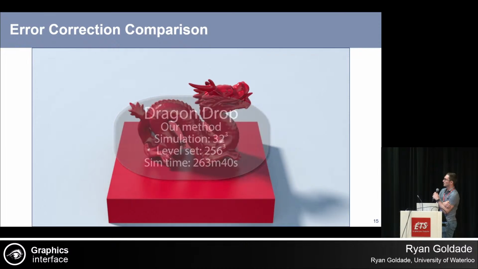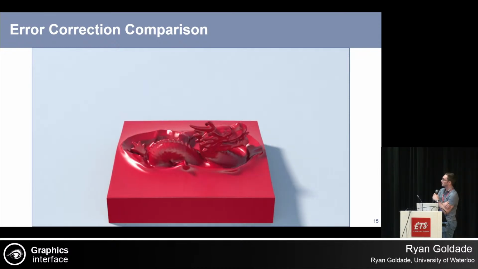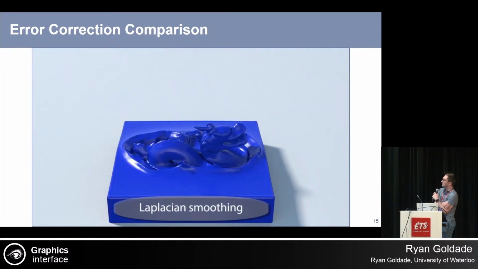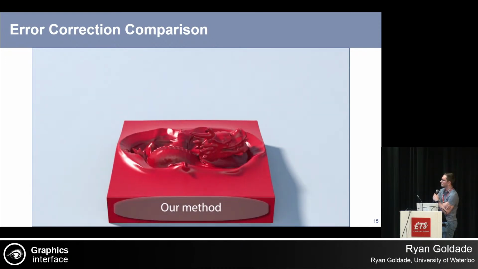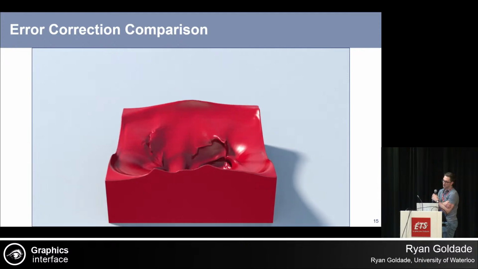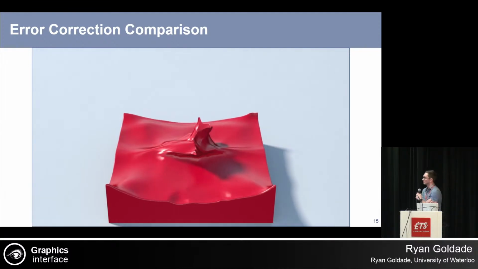And this is our method where we do this blended approach. Compared to Laplacian smoothing, we retain much more detail, similar to the embedded method. But we're able to remove errors on the surface as the simulation progresses.